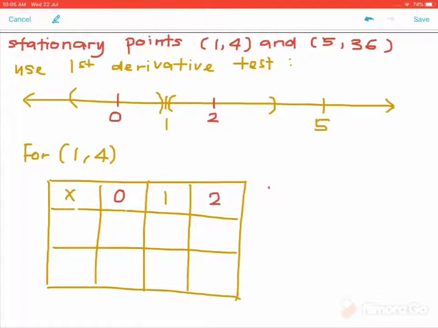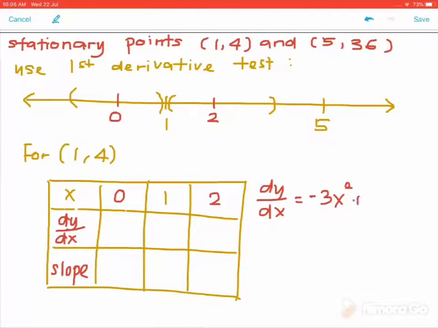Now we can substitute the x into our dy/dx to test the behavior of the gradient of the tangent. This is our row for dy/dx, and this is our row for slope. Our dy/dx is equal to negative 3x squared plus 18x minus 15.